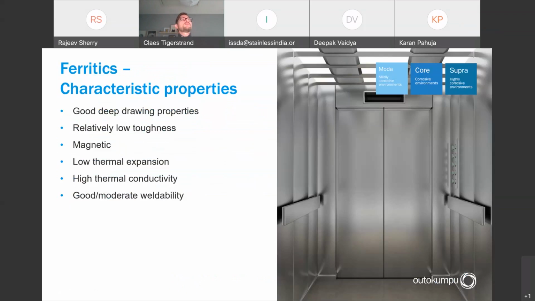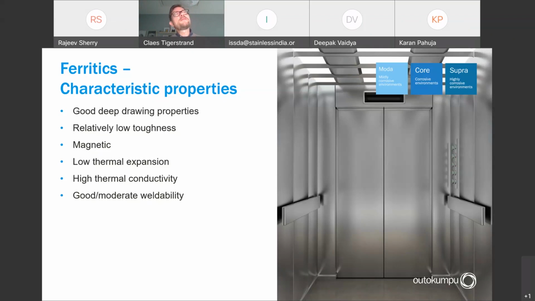So to summarize the characteristic properties of the ferritic grades: even though you don't have the same formability as you would have for an austenitic grade, the ferritic grades actually have good deep drawing properties, which means that they are good for pots and pans, and that is one very successful application for ferritic grades, where you can utilize the good deep drawing properties.